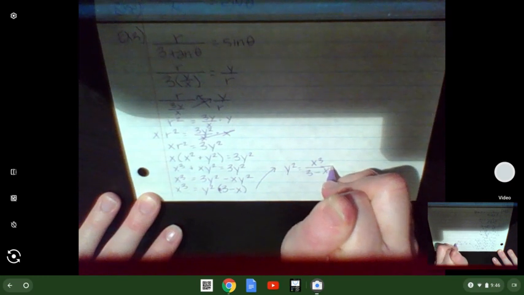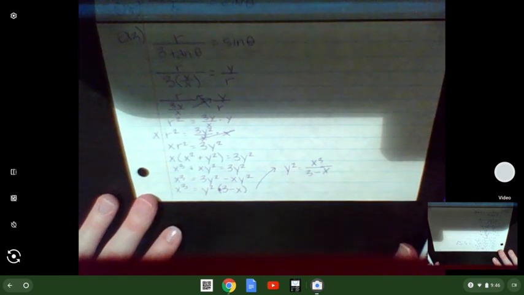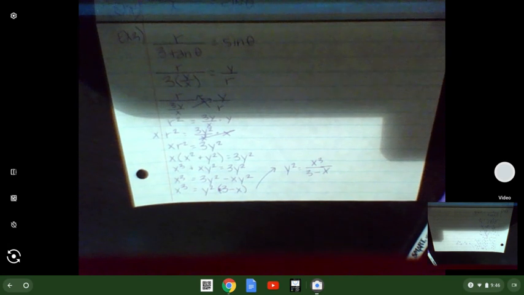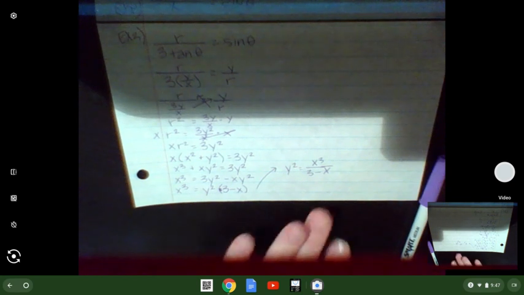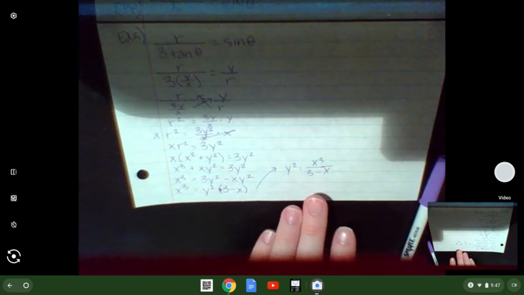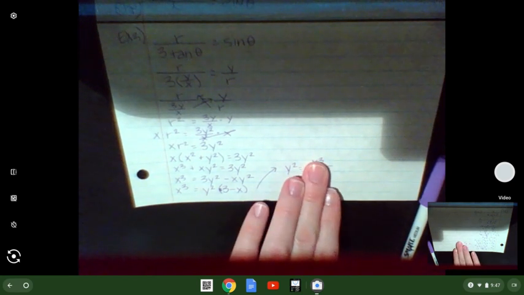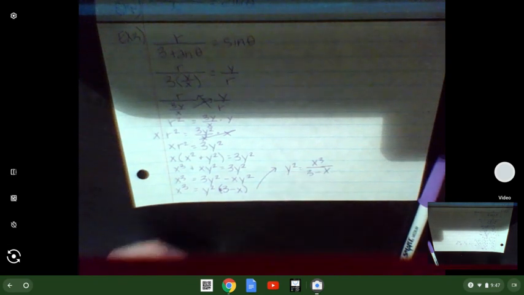And you know what? Even though y is not technically by itself, I have that squared. That's probably the best or the most simplified form I can get. If I was going to put it in my calculator in rectangular form, I'd have to square root both sides. And in order to get the complete graph, I would have to make sure that I not only graph the square root of this nasty fraction, I'd have to also graph the negative square root.